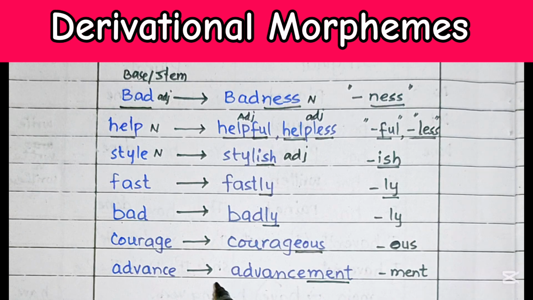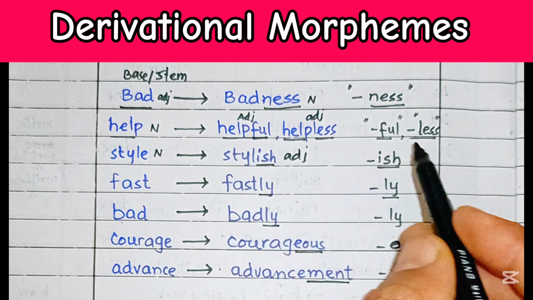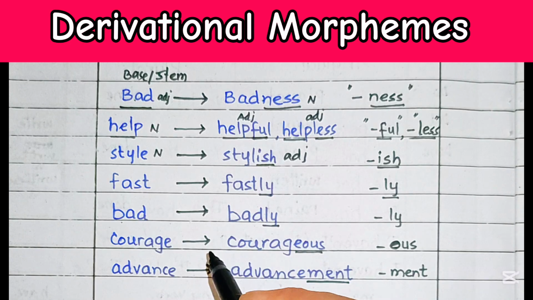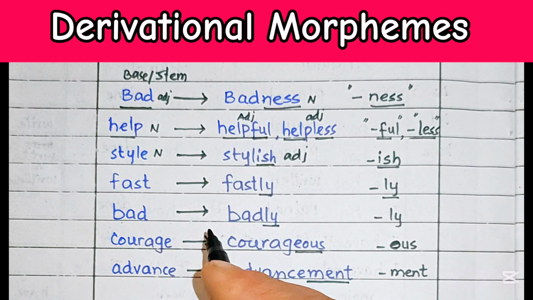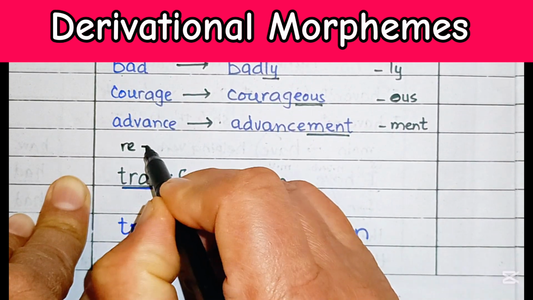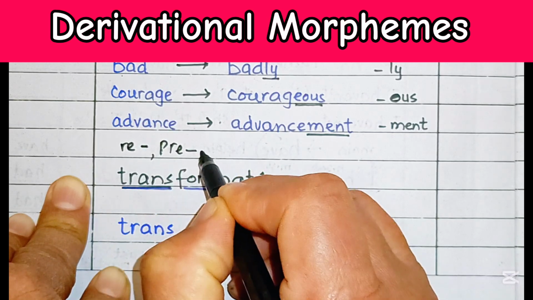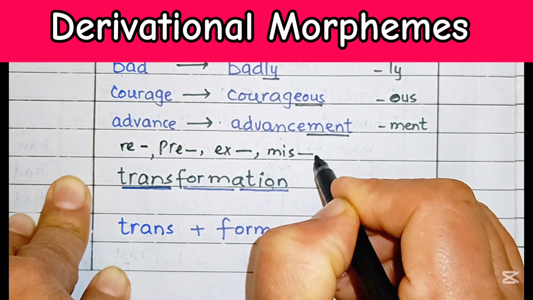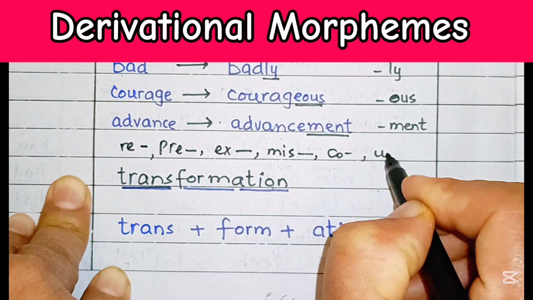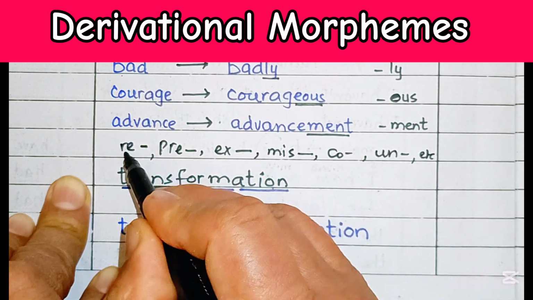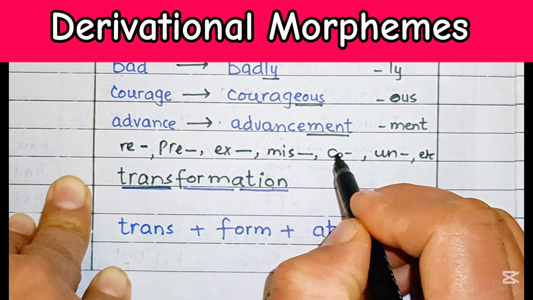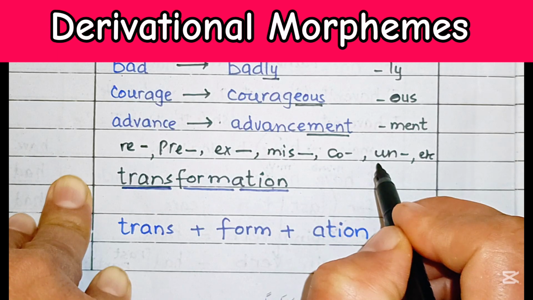So a list of derivational morphemes will include suffixes such as ness, ful, less, ish, ly, ous, ment, etc. This list will also include prefixes, we may add prefixes in the beginning like re, pre, ex, mis, or co and un, etc. Regroup, pre-Raphaelites, extinguish, misconduct, co-curricular, cooperation, uncertainty.